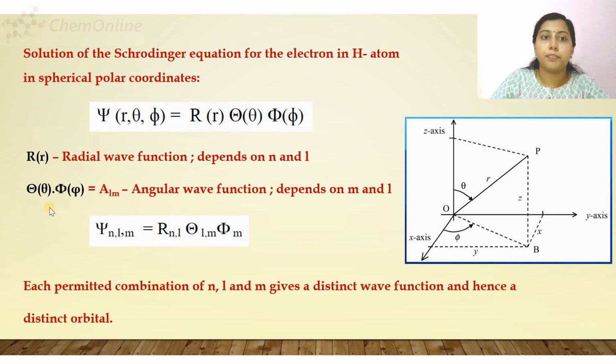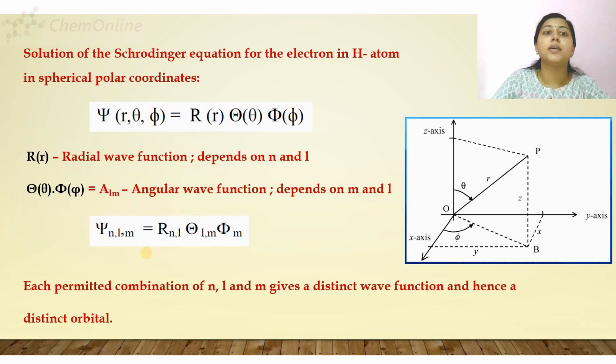Theta and Phi are called angular wave functions, represented as A(l, m), and depend on the quantum numbers m and l. m is the magnetic quantum number. So we can represent the wave function as psi(n, l, m), with the three quantum numbers, equals R(n, l) times Theta(l, m) times Phi(m).